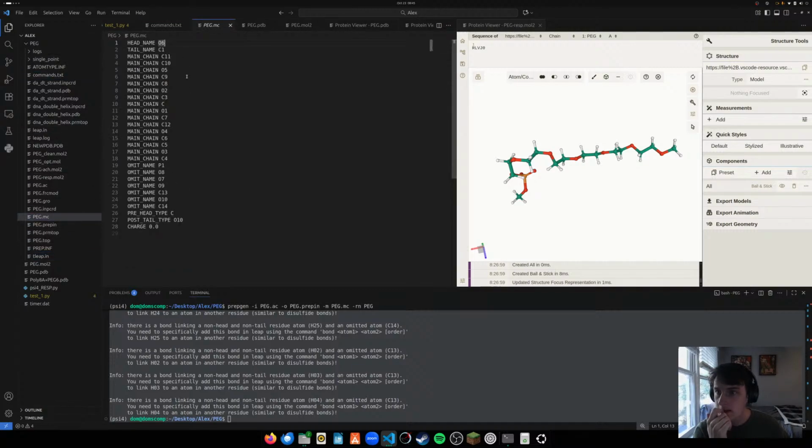So maybe the head would be C1, and this would be O6. That's all main chain. Oh, this needs to be O, not O10.